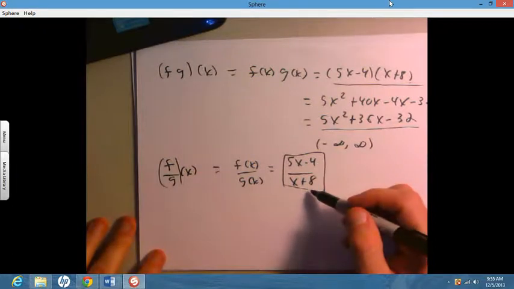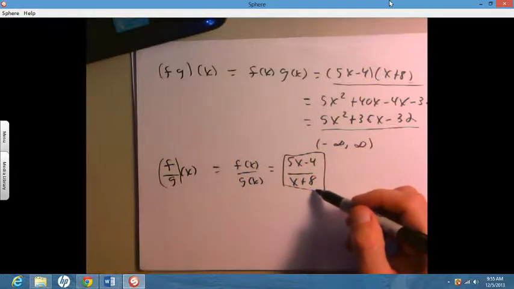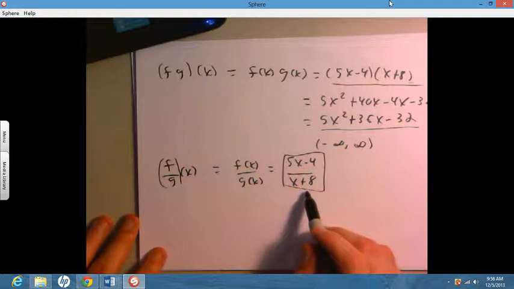Always make sure to set the denominator equal to 0 so you can find out for what values of x the function is not defined. In this case, the function is not defined for x equals negative 8.